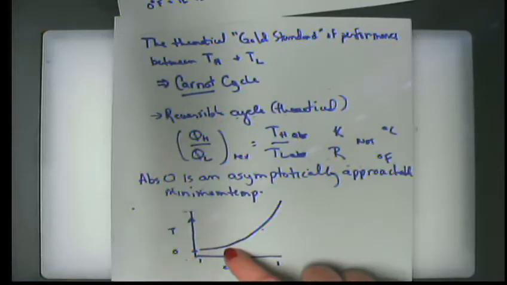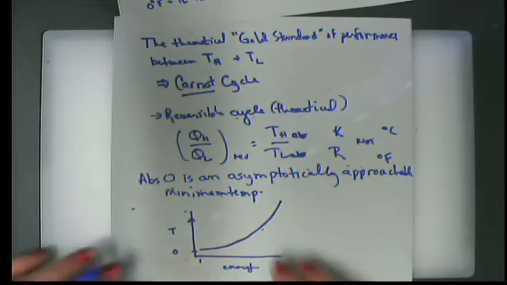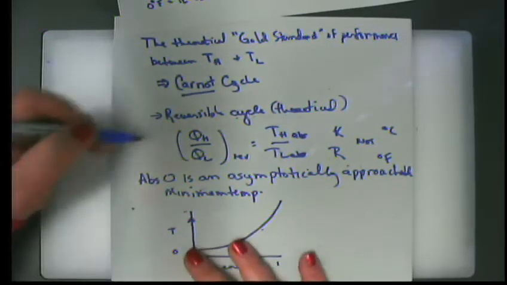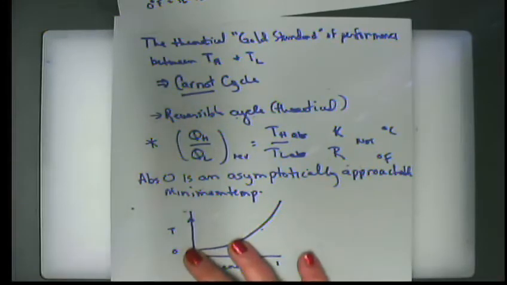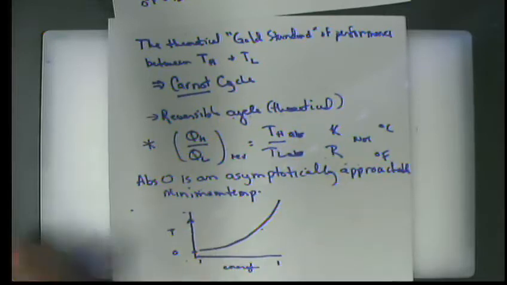So in other words, the closer you get to absolute zero, the lower your energy is, but it's not a linear relationship. So for our purposes, this is an important relationship. It works only for reversible cycles, which the Carnot cycle is. And we can just say absolute zero is a theoretical minimum.